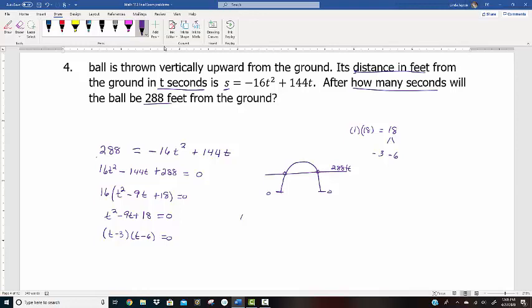So let's see. t minus 3 equals 0, or t minus 6 equals 0. This is going to give me t is equal to 3 seconds, and this is going to give me t is equal to 6 seconds.